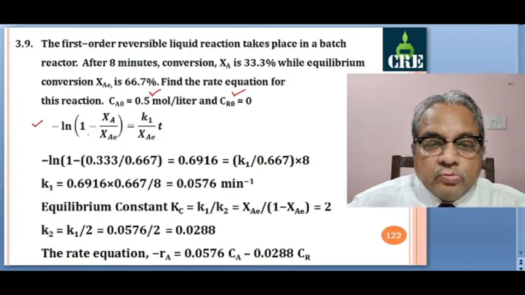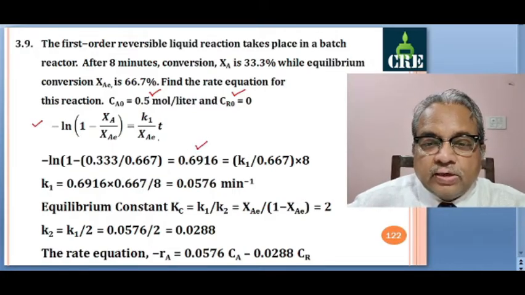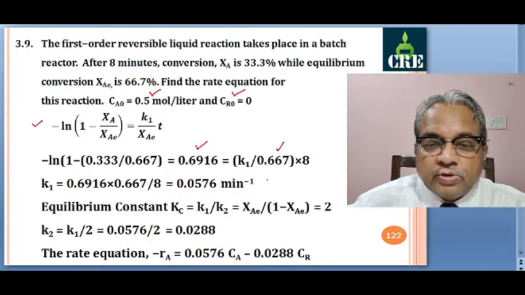So we substitute the value of xa and xae here and we evaluate this left hand side, which comes out to be 0.6916, and that is equal to k1 by xae is known and time 8 minutes. So K1 is the unknown and which we can determine easily as 0.0576 minute inverse.